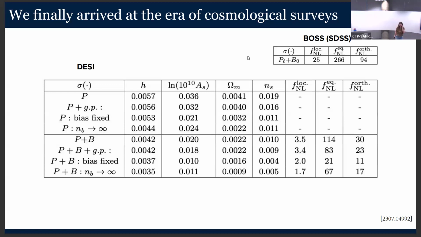Okay, so 15 years ago, 10 years ago, I don't know, people were very optimistic, saying that yes, you can constrain FNL with order 1 with galaxy surveys. We're seeing that things are much more complicated than that. And actually, with all the forecasts in the literature, you cannot get constraints on FNL equilateral or orthogonal, not even with stage 5 surveys.